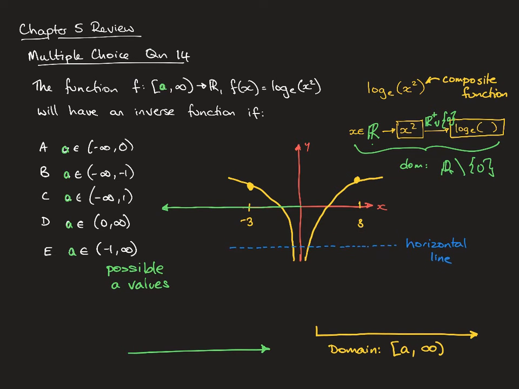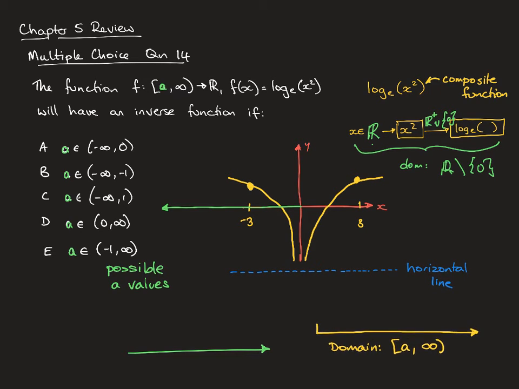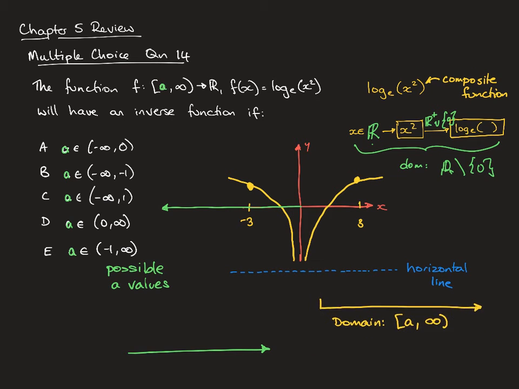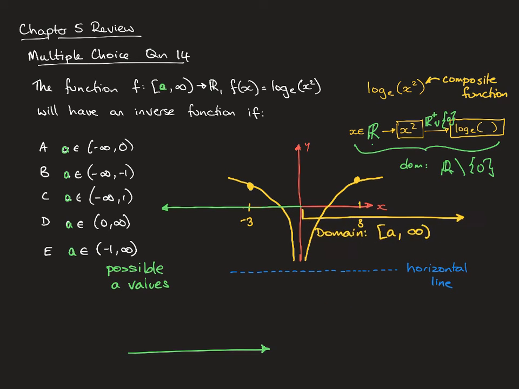So we're going to try and see if we can restrict values within a and see if it passes the horizontal line test. So I'm going to pick up my domain of a and we're going to try option A, from -infinity to 0, to see if that actually is an answer. So our domain could start anywhere from 0, and that's fine because our allowable values of a start at 0.